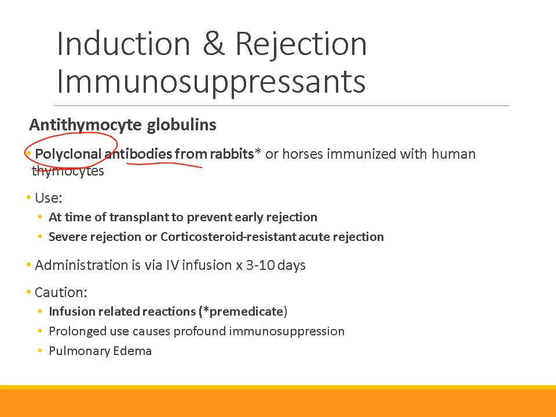So the mechanism of action here would be, we give polyclonal antibodies that attack human T cells. This ends up causing T cell depletion.